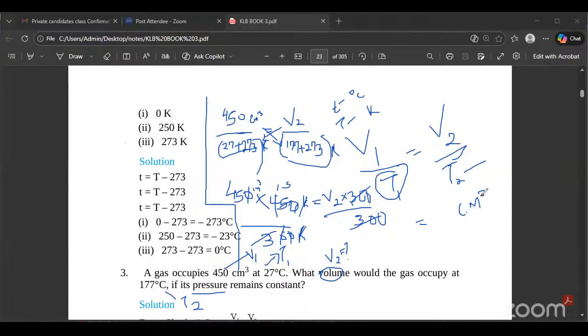If the question has not directed you to convert to SI or to any other unit, please do not. I beg you. If the question is not insisting or is not asking you to convert to other scale, do not try to convert. You are wasting your time. The answer actually is in centimeters cube.